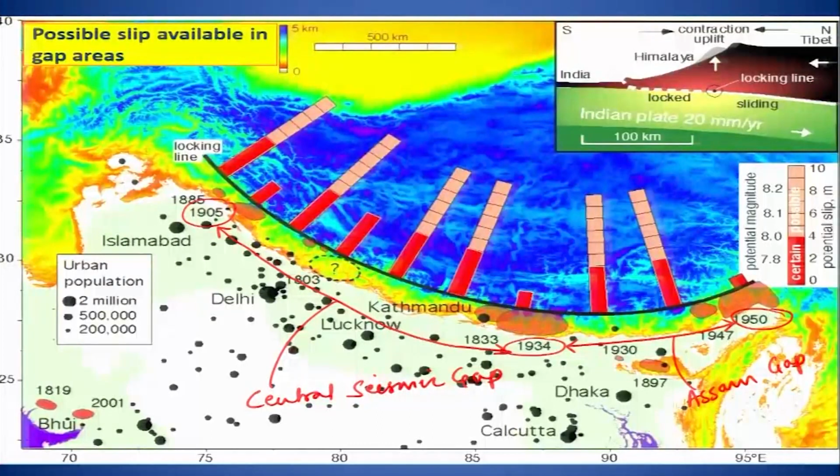And then further there is one more gap which has been suggested between the 1555 earthquake in Kashmir and the 1905 earthquake of Kangra. So this is your Kangra earthquake, this is your Nepal, Bihar event, and this is your Upper Assam earthquake.